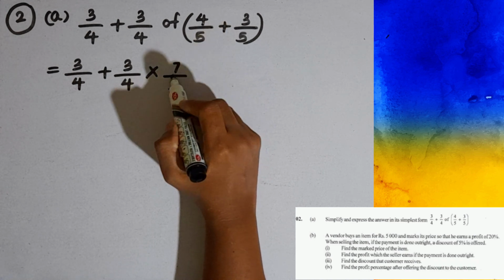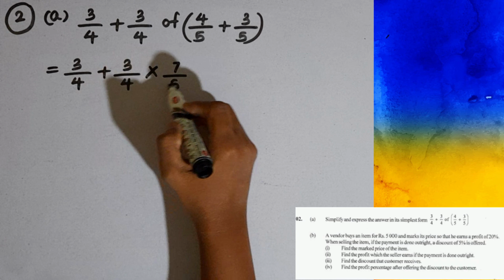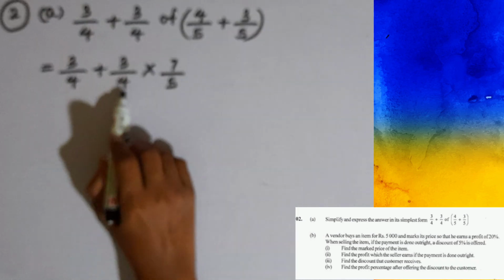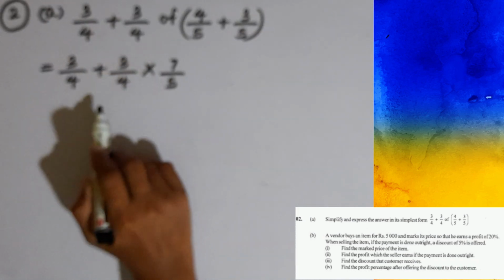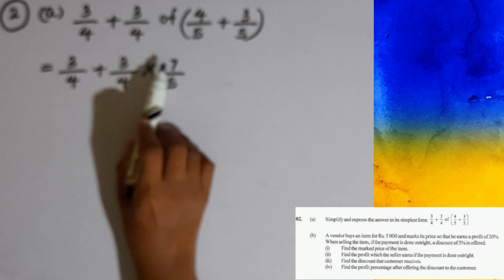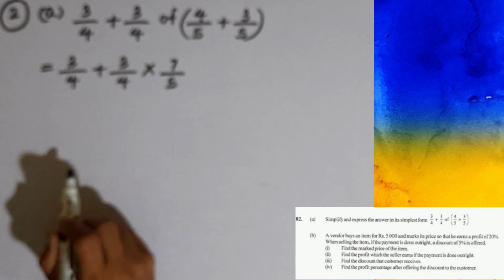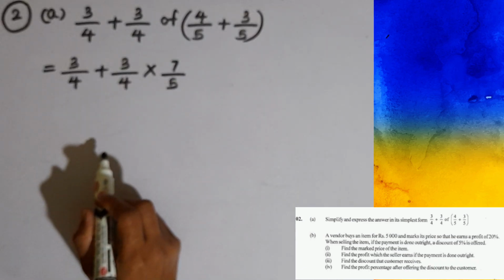Then I can simplify these two fractions, the multiplication. No common factors, so we have to multiply the two numerators and the two denominators here.